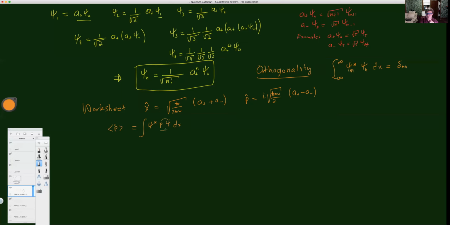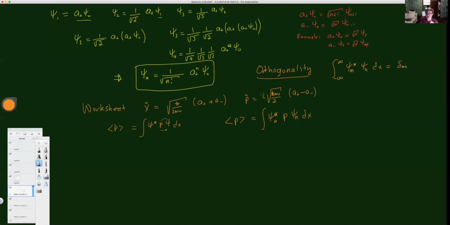P acts this direction. But here we're going to ask, what is the expectation value with respect to a state n in the quantum harmonic oscillator? So in other words, the integral of psi n star, p psi n dx.